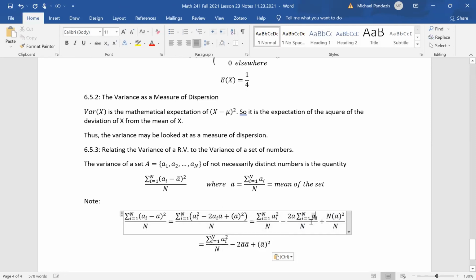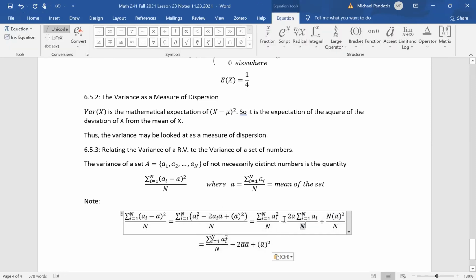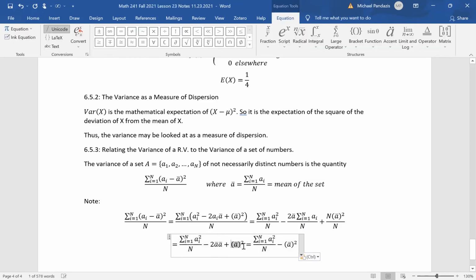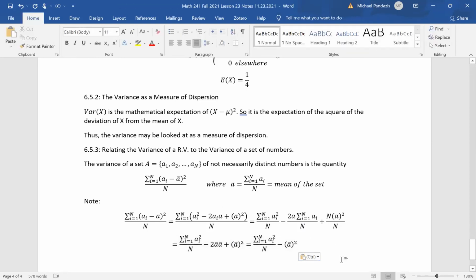So you have 2 A bar times A bar here, so this is A bar squared. So you have minus 2 A bar squared plus A bar squared. And so this is equal to this sum minus A bar squared, because you have minus 2 A bar squared plus A bar squared, which is minus A bar squared.